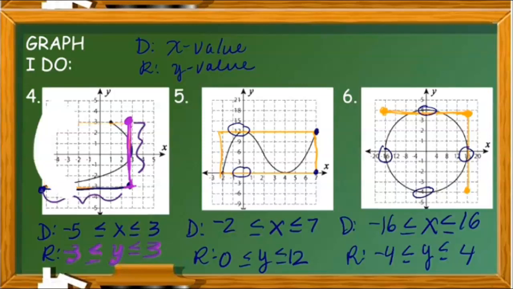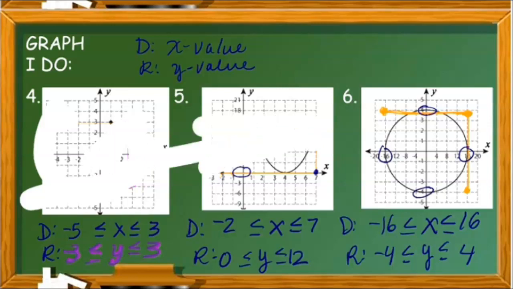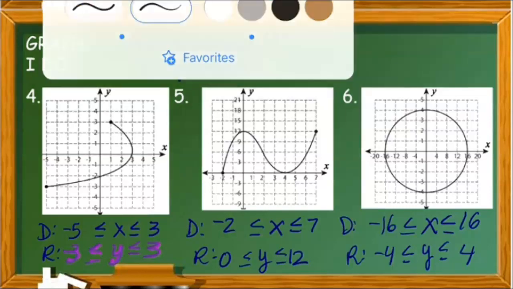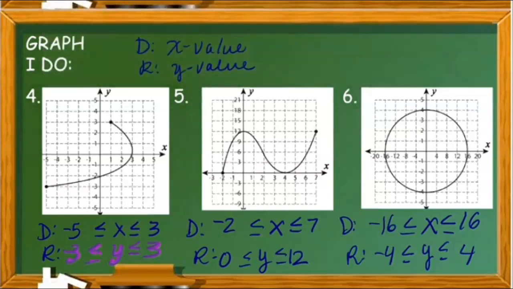Okay, so I'm going to erase off again, and I'm going to go back to the original graph. Finding whether or not this is a function is actually pretty easy. Okay, and we have a name for it, and it's called the vertical line test. And again, please note that somewhere in your vocab. Vertical line test.